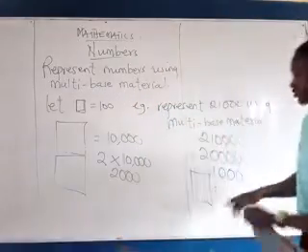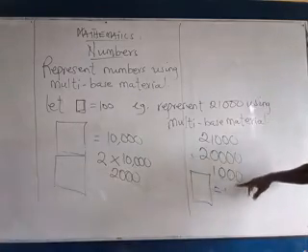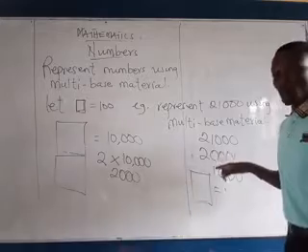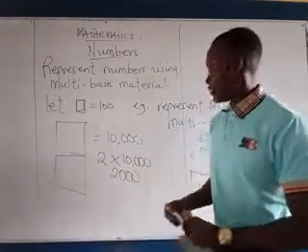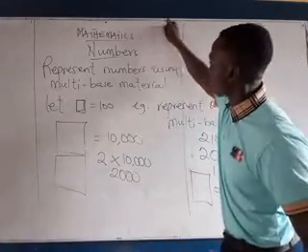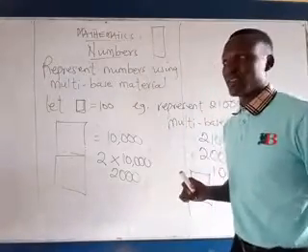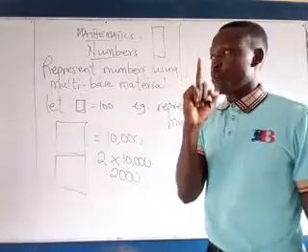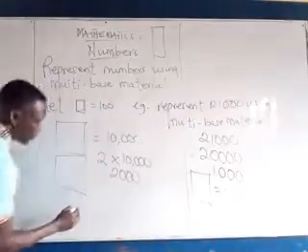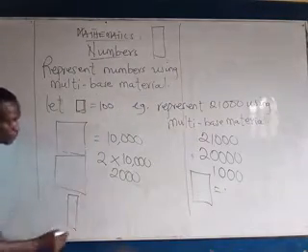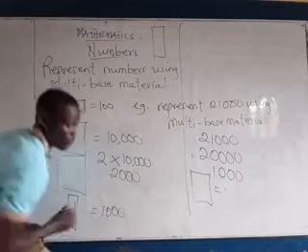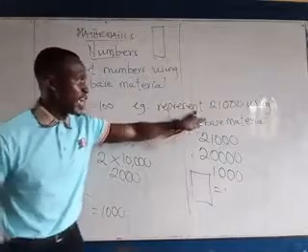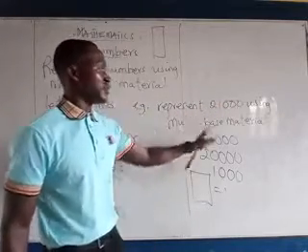Alright, now let's come back to the question. We also have 1,000 here. Our straight edge is equal to 1,000. So since we have 1,000 here, we are going to need only 1 straight edge. So now we come back to our question. We should represent 21,000 using multi-base material.